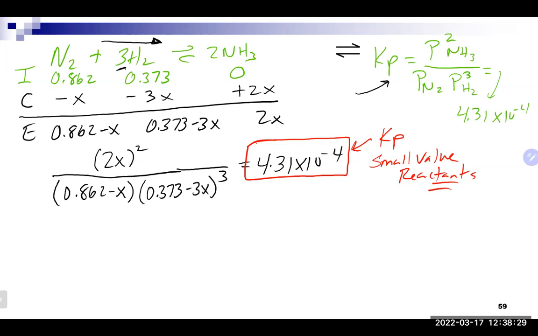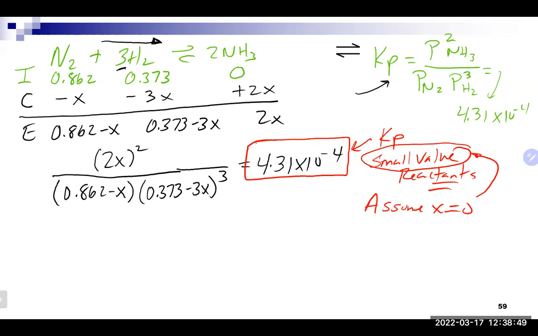In this situation, we can make an assumption and assume that x is equal to 0 because of the small value that we have for K. Now, clearly here we cannot zero out every x, otherwise we have nothing to solve for.